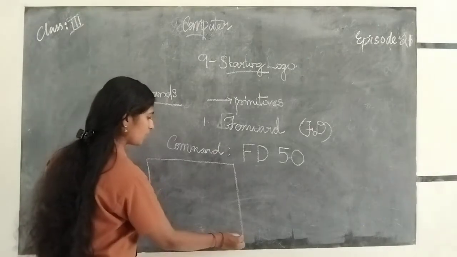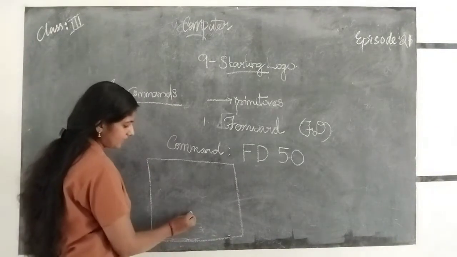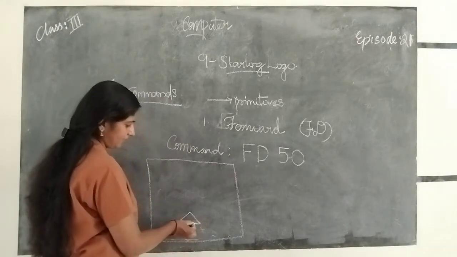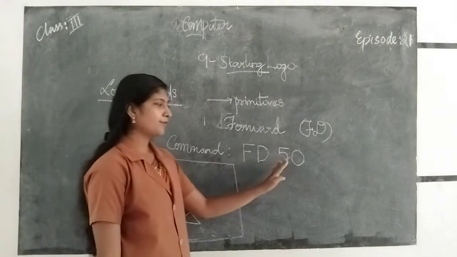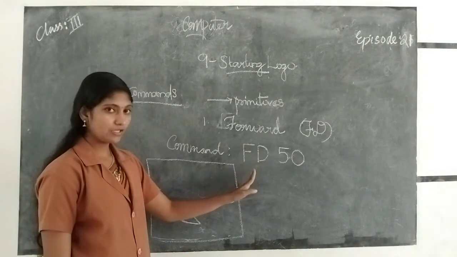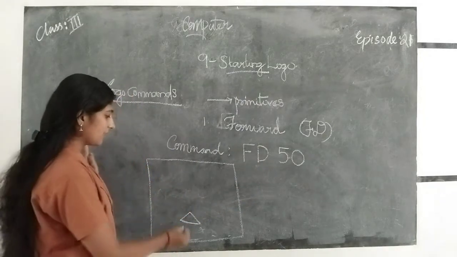For example, this is the Logo screen, and suppose the turtle is placed here, and FD 50. So write this command in the input box and then execute. What happens?